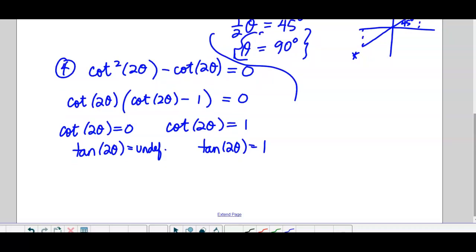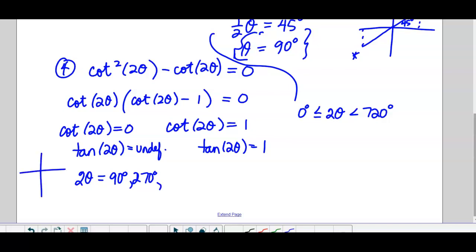So here, as I just said, tan is undefined at 90 degrees, 270. Now, these are 2 theta. So remember, 0 degrees now, less than or equal to 2 theta, less than 720. That's when I change my given domain, right? Because we're still in the first part here, yeah. Okay. So I need to list some more here. So these, 90, 270.